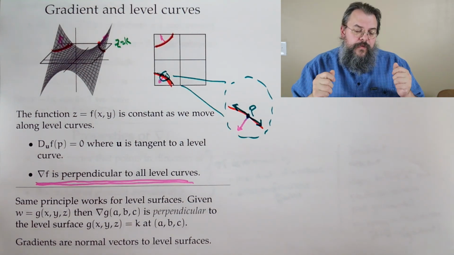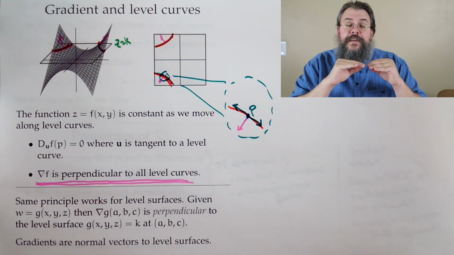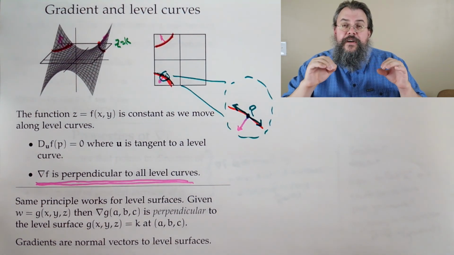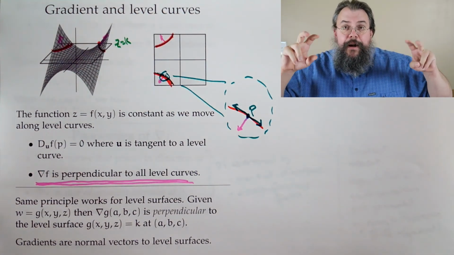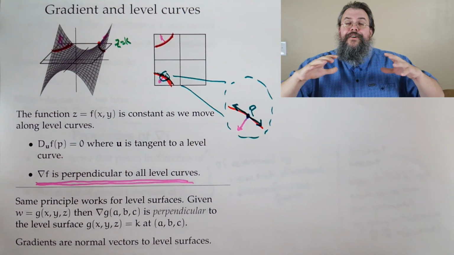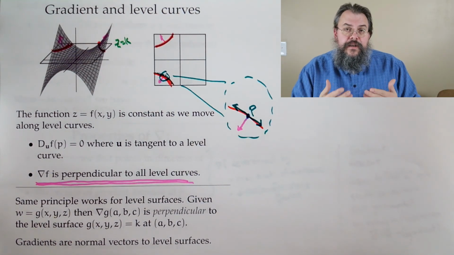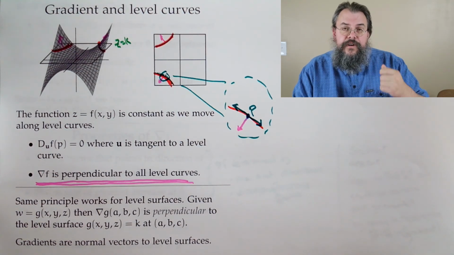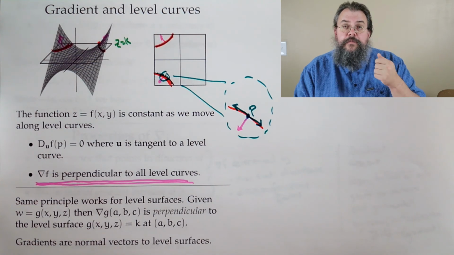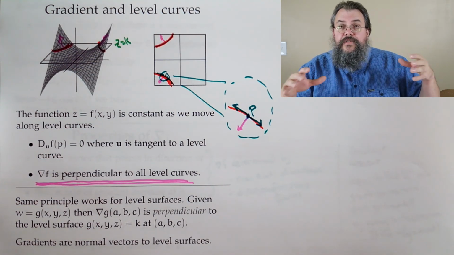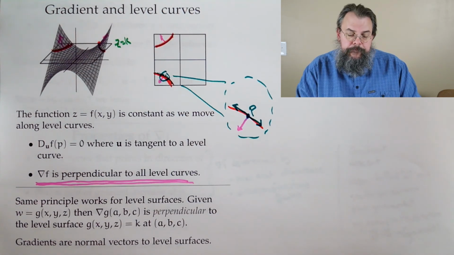So we can say, what if I have w equals some function g of x, y, z? So now I have this hypersurface, perhaps, out here in 4-dimensional space. Well, what I can conclude is that the gradient of g at (a, b, c) is perpendicular to any level surface, that would be g of x, y, z equals k.